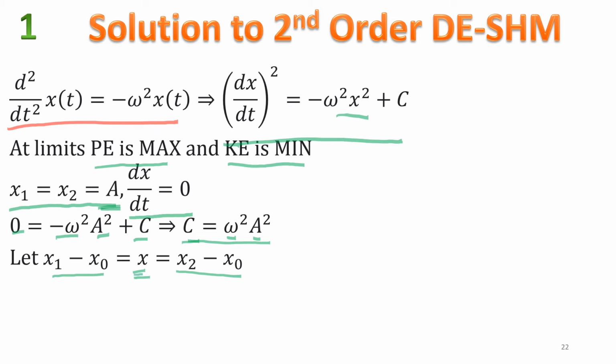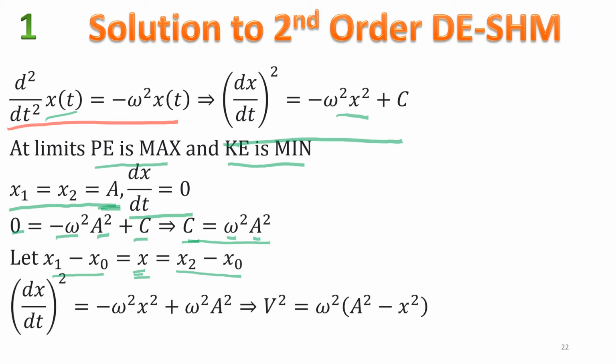And remember that this x is obviously x of t as we are considering, but for simplicity I'm simply writing that as x. So here we have the equation dx by dt whole square is equal to minus omega square x square plus omega square a square, the constant of integration we have introduced.